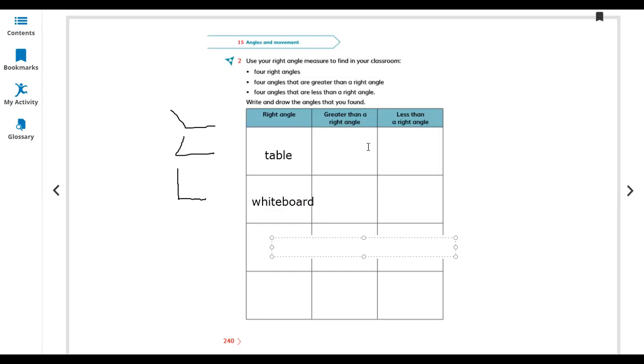Greater than a right angle, like your book, your notebook, and the last, less than a right angle.